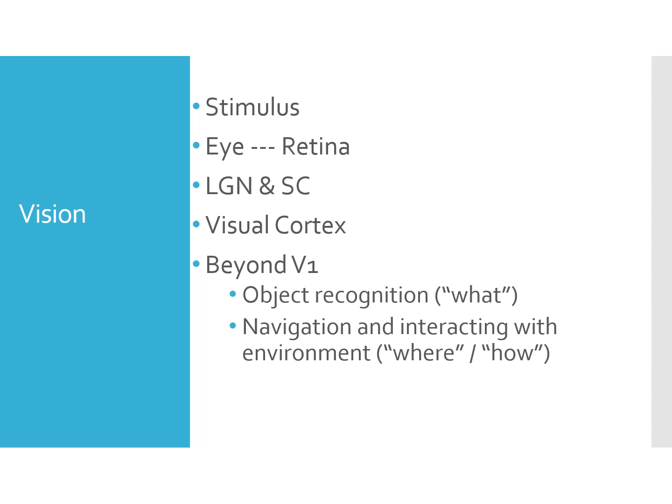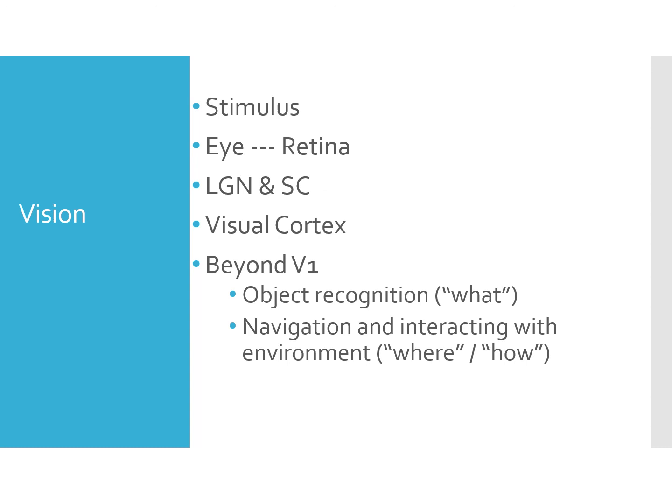The lateral geniculate nucleus, the LGN, sends that information on to the visual cortex. And we have talked about, in various places here, receptive fields, what neurons are responding to, as well as the organization or mapping of those structures. And then we need to get beyond V1, right?